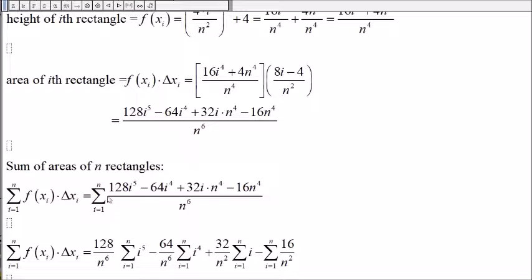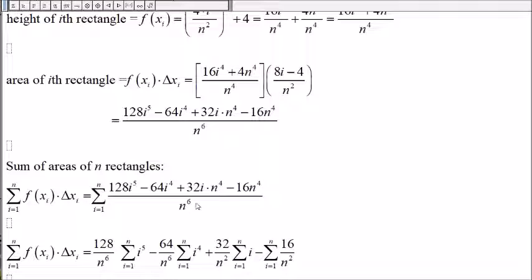And recall that the summation of a sum is just the sum of summations, and the summation of a difference is just the difference of summations. So that's why we can separate them like this. And then 64 over n to the sixth times the summation of i to the fourth. Then this is 32i n to the fourth divided by n to the sixth.